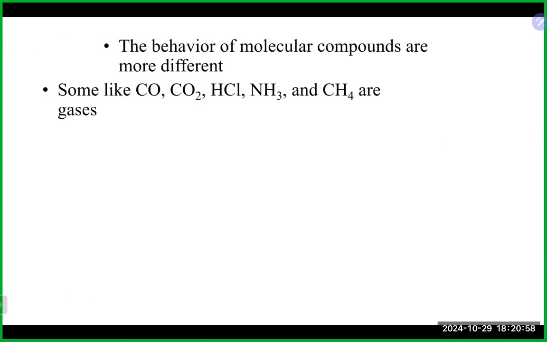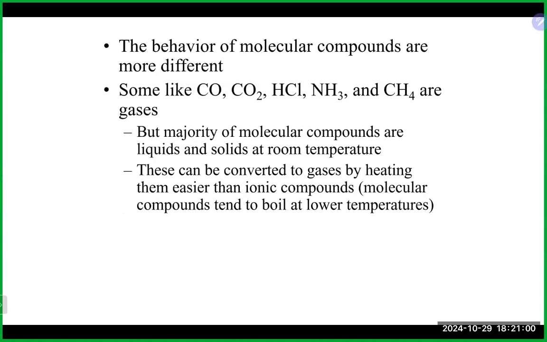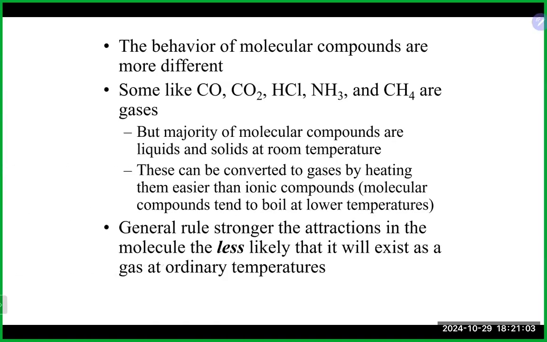Now, that's different than when we deal with molecular compounds. Molecular compounds, basically like carbon monoxide, carbon dioxide, hydrogen gas, ammonia, and CH4, which is methane, like what comes out when you light a Bunsen burner. These guys are gases under normal conditions, but molecular compounds oftentimes at normal temperatures are found either as a solid or a liquid.